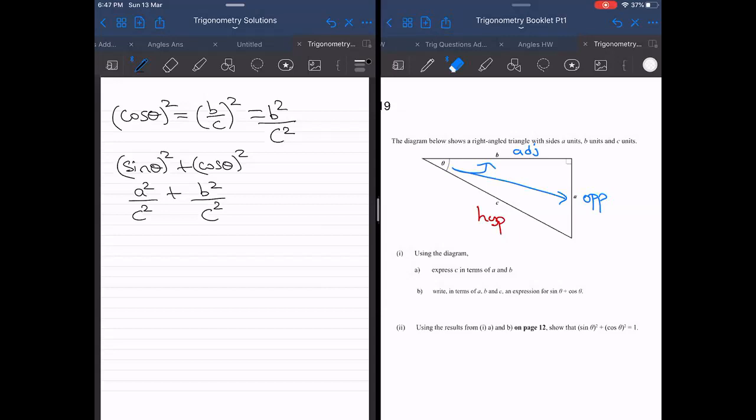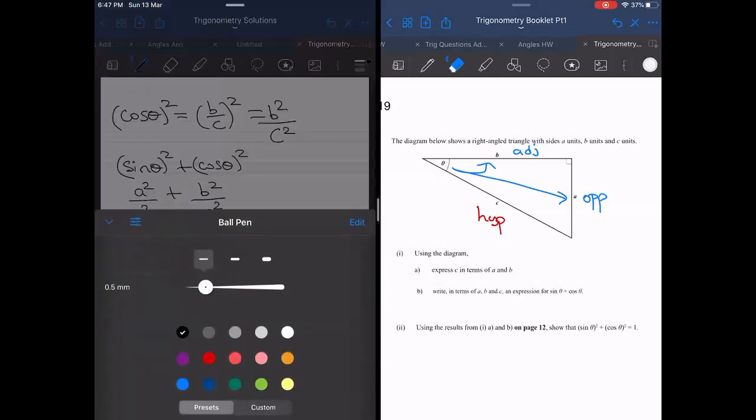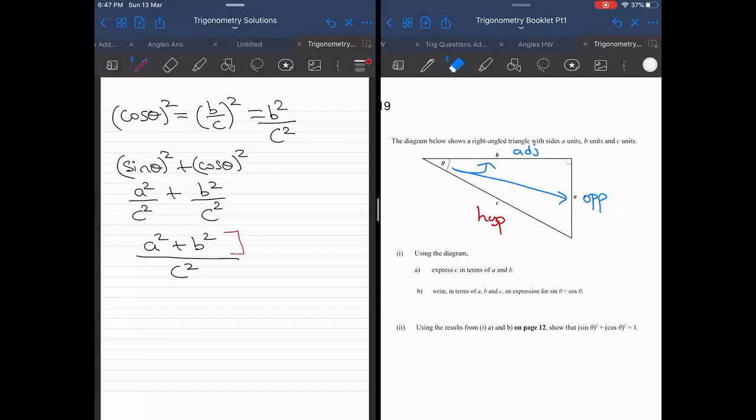And if we have a fraction with the same denominator, we keep the denominator and we add the numerators. I'm going to go over it, but let me just finish so that I don't break the momentum for those who are following. So look at it. From part A, we said that C squared is equal to what?